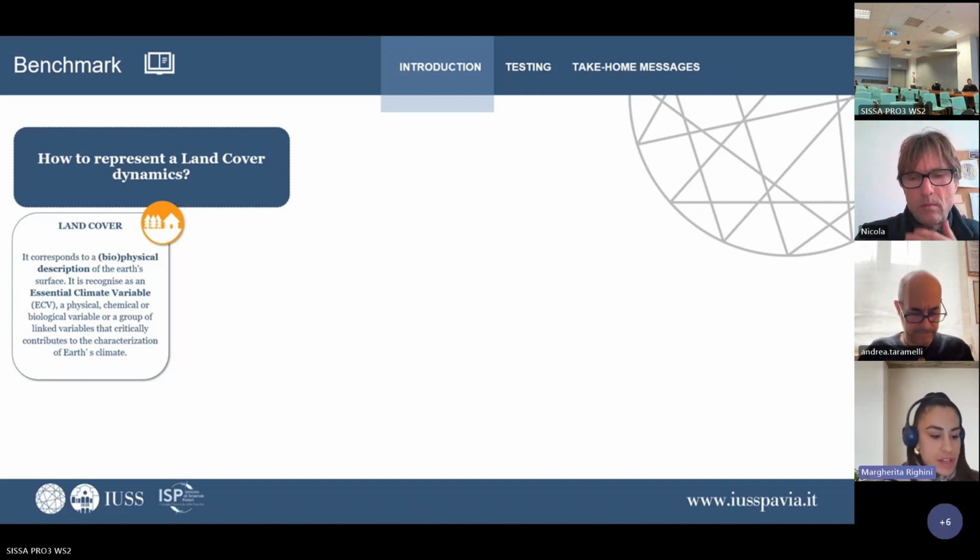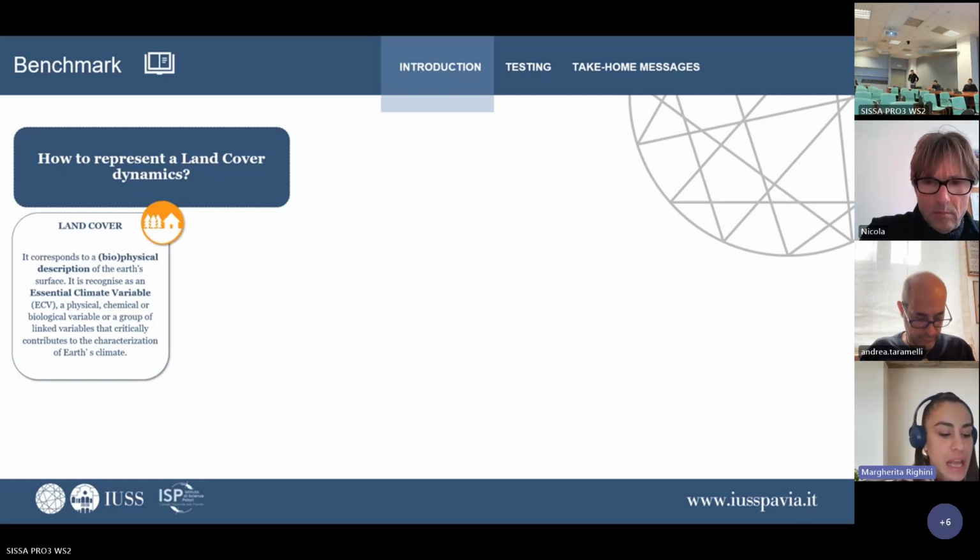Yes, thank you, Andrea. So operationally, we develop and enhance algorithms to obtain multi-sensor Earth observation geospatial information on land cover and its changes. Land cover, a biophysical description of the Earth's surface, is also recognized as an essential climate variable that contributes to the characterization of Earth's climate.